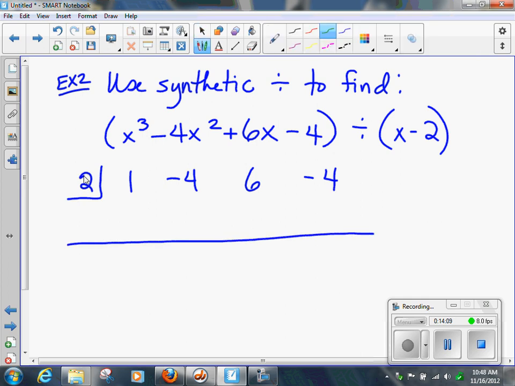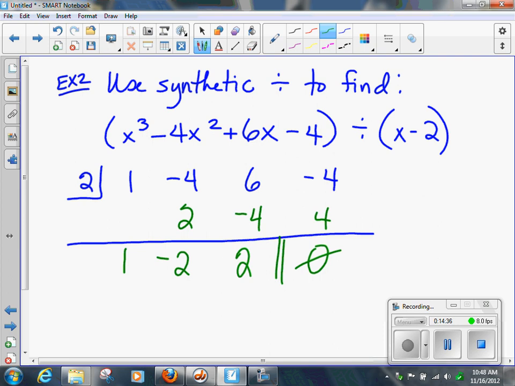You talk me through this. Bring down the 1. 2 times 1 is 2. -4 plus 2 is -2. 2 times -2 is -4. 6 minus 4 is 2. 2 times 2 is 4. Add down your column, 0. So my remainder is 0.